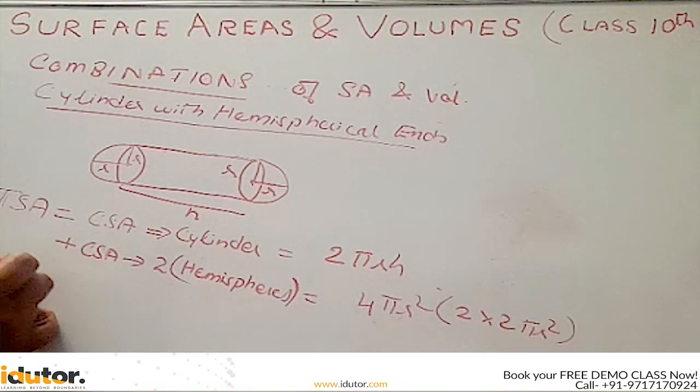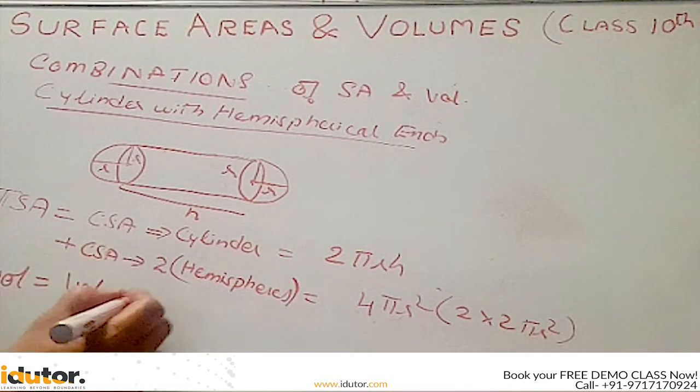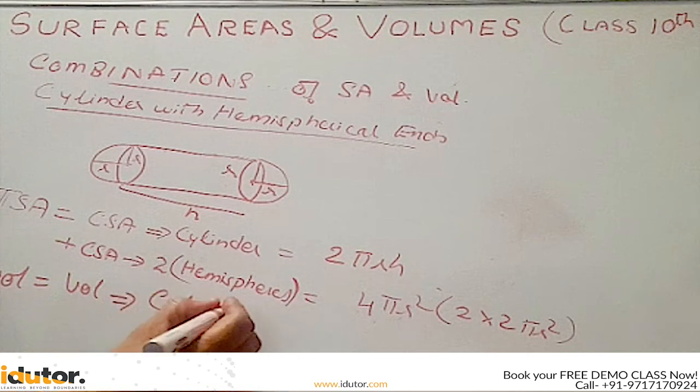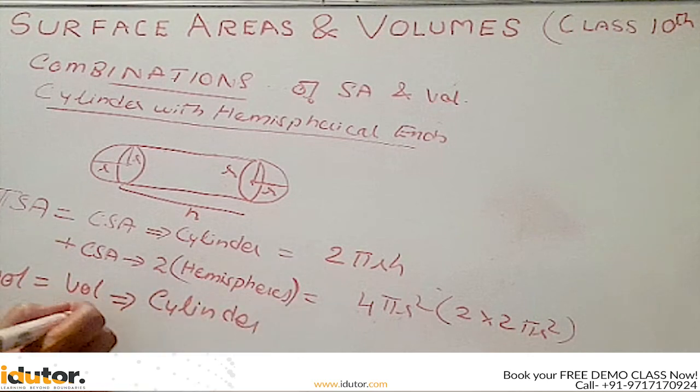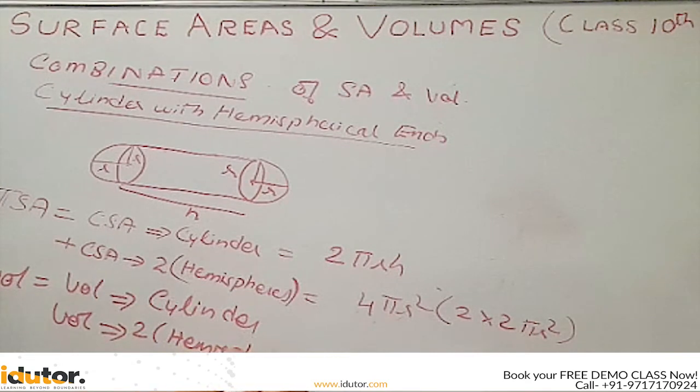Similarly, volume can be taken out. Volume is equal to volume of cylinder and volume of two hemispheres. The volume of cylinder, you must be knowing, is pi r square h.